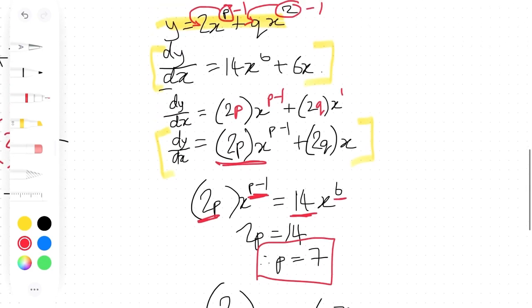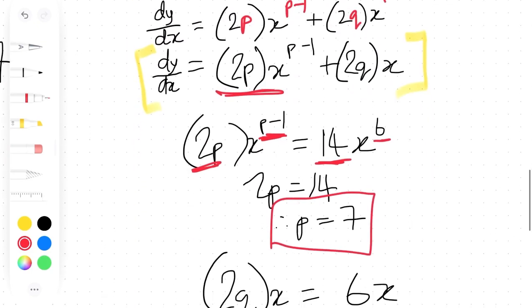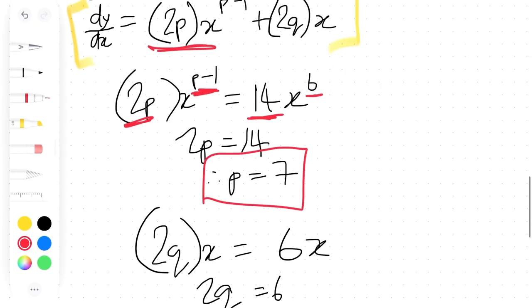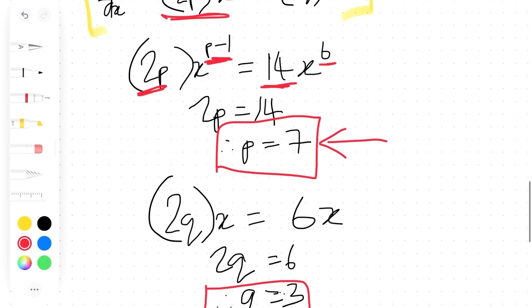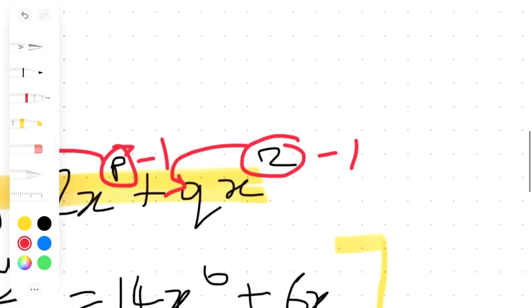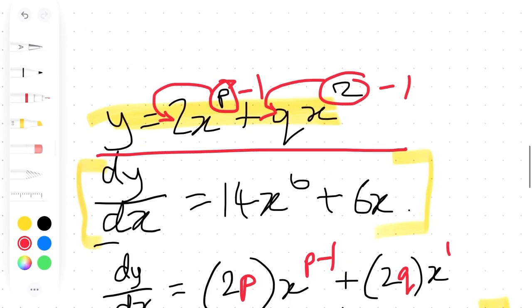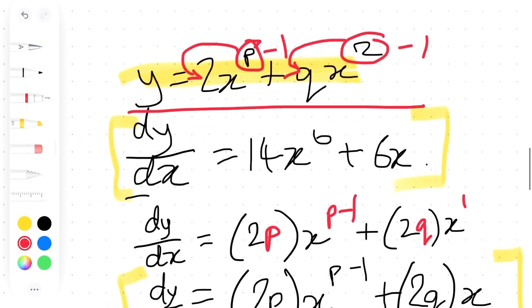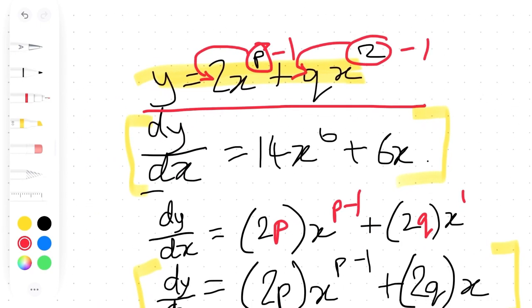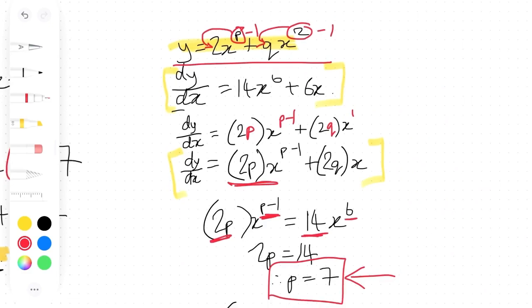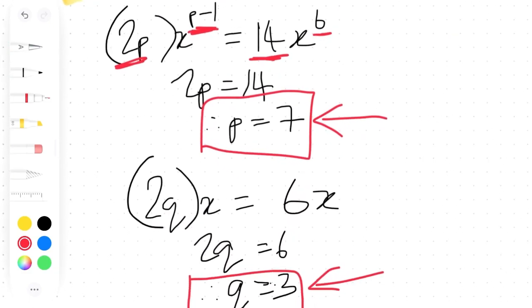And of course, what you should do in the exam is just substitute these values back into the original equation, these two over here, and then differentiate it and see if it's equal to 14x to the power of 6 plus 6x. And you'll find that it indeed does.